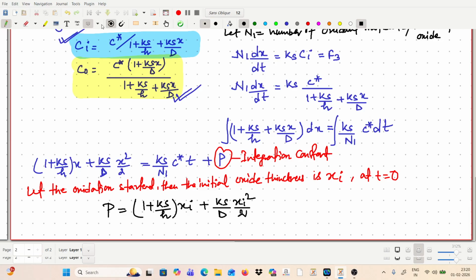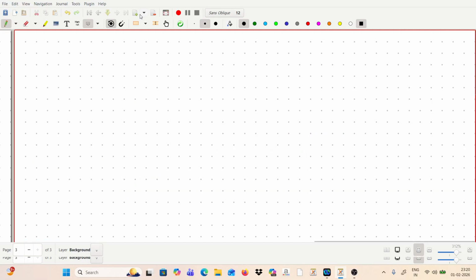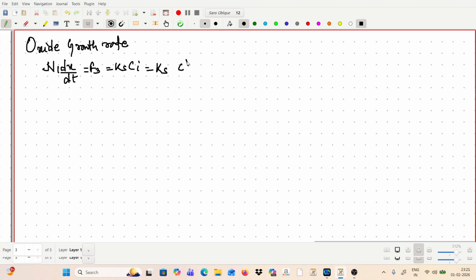So now we have to go for the next page. Basically in the oxide growth rate, we started with n1 dx by dt equals ks ci, and after solving this we get an integration, after putting the value of ci, ks c star over 1 plus ks by h plus ks x by d.